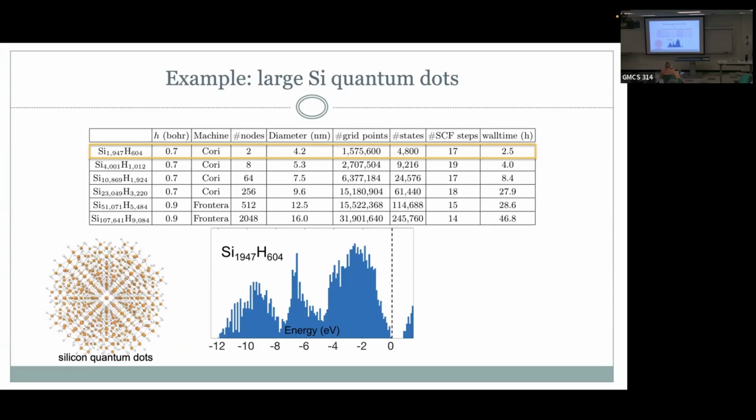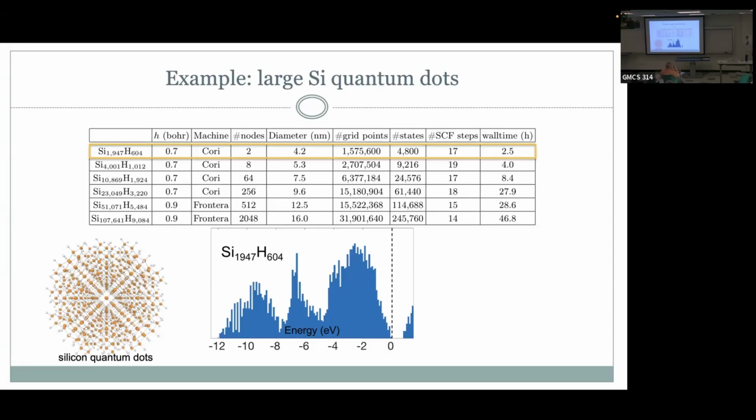In real space, this essentially controls the convergence. So only by changing h, you can converge your calculation. As you can see, we had to go from 0.7 to 0.9 at a certain size because it was just getting too big. And this gave us the number of grid points going from 1.5 million to about 30 million.